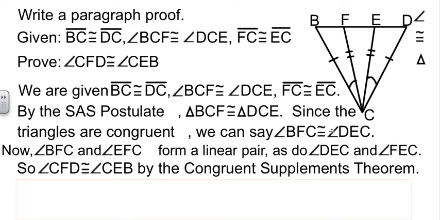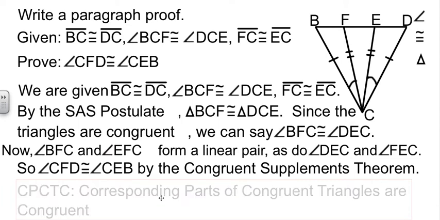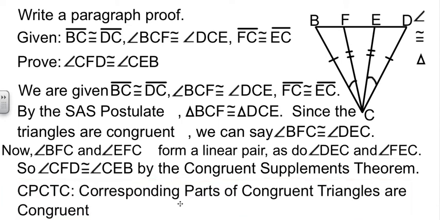Now, I made this statement here, or my reason actually, since the triangles are congruent. I'm using the definition of congruent triangles there. You will run into some books, and sometimes I'll even say it myself, there's an abbreviation here that a lot of books use to talk about congruent triangles.